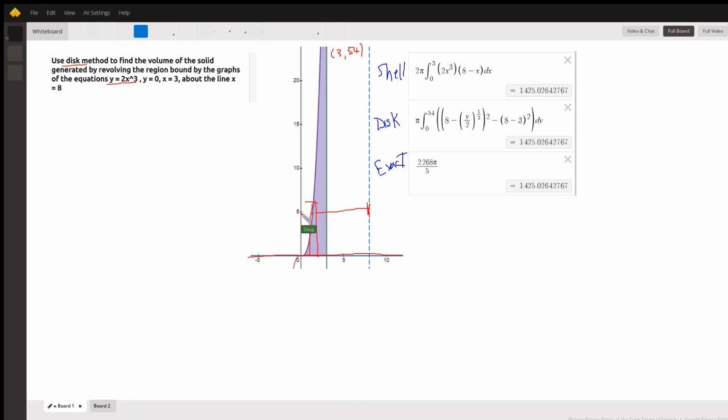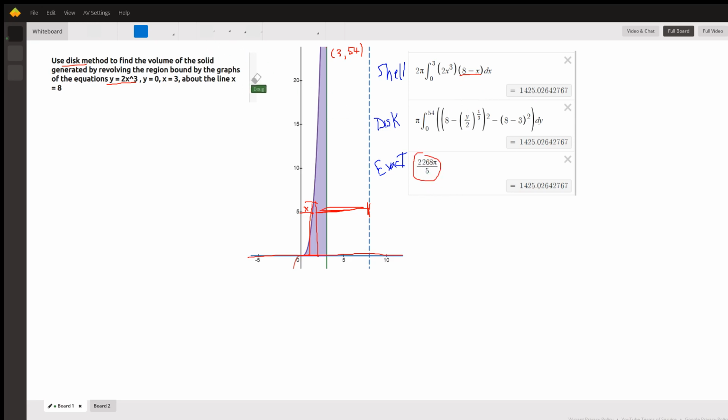And this distance will be x, so 8 take away x will be the length of that. And that's what this is right here, the average radius. You can see that gives you 1425 point blah, blah, blah. Here's the exact answer.